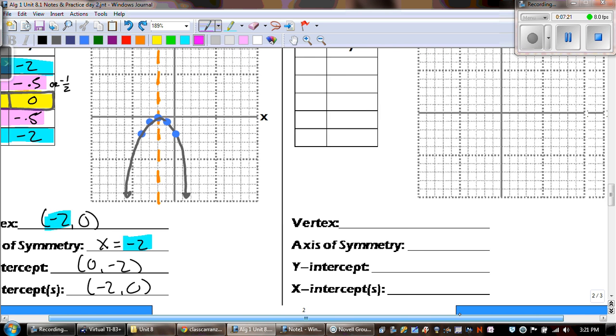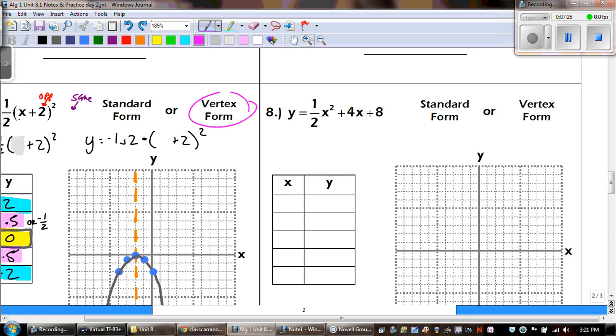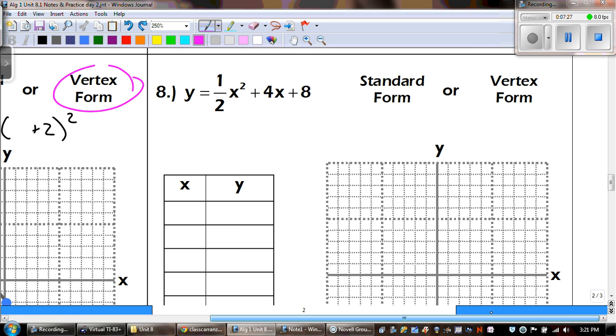All right, let's look at our next one. Is that in standard form or vertex form? Well, this one is in standard form. There's no parentheses.